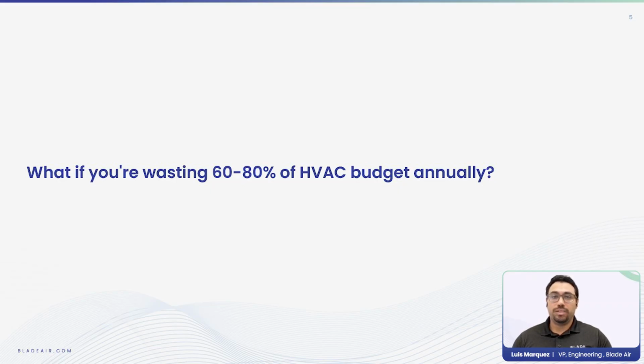This conditioning, which basically means bringing it to room temperature and a proper humidity, is what really results in that 60 to 80% energy increase over what is actually needed in order to achieve clean air.